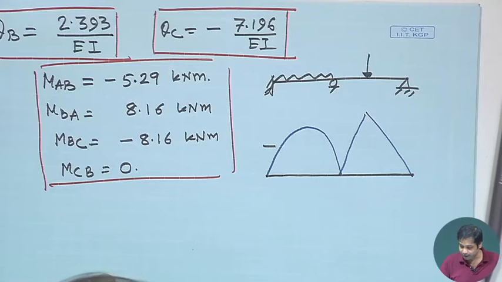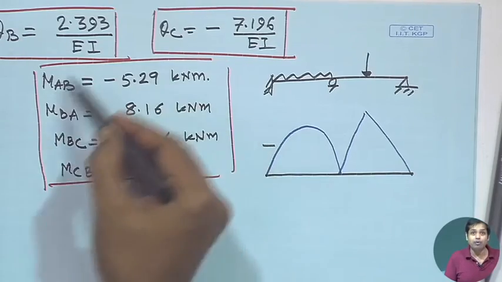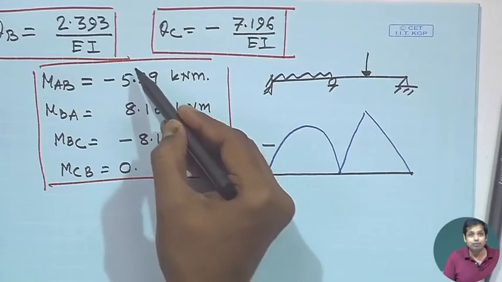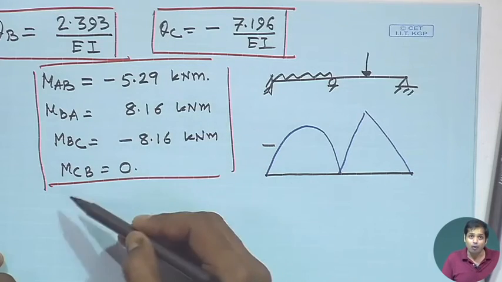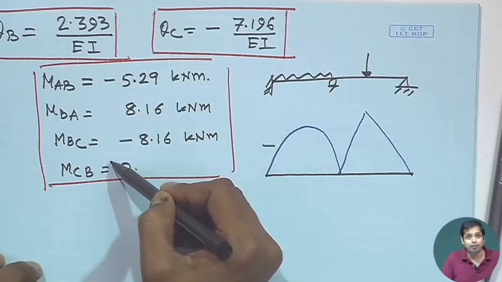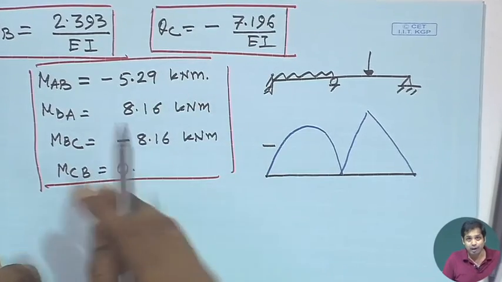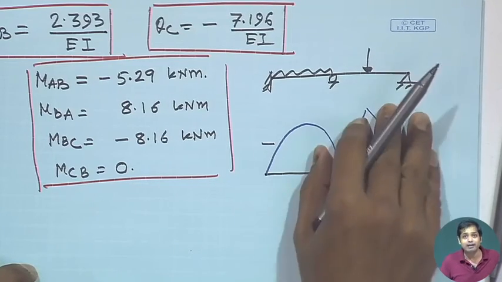Now, one thing, please make sure: the sign that you get gives you whether the moment is clockwise or anti-clockwise, right. This sign will not tell you whether the moment is a sagging moment or a hogging moment, but when we draw the bending moment diagram, we use the convention of sagging moment and hogging moment.